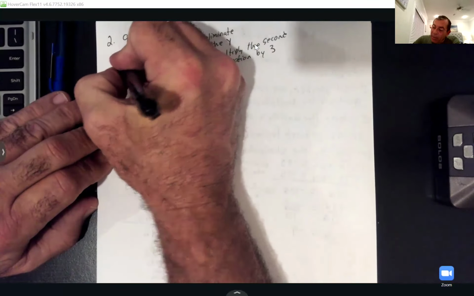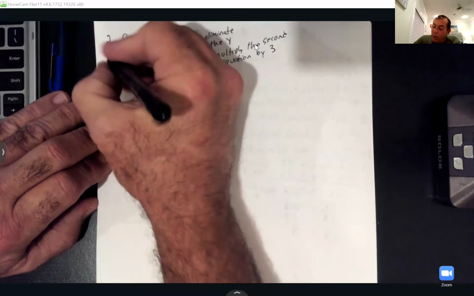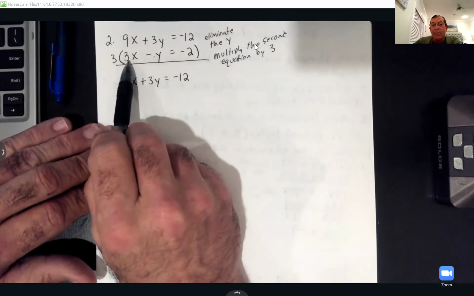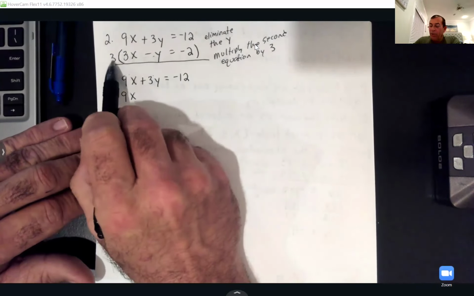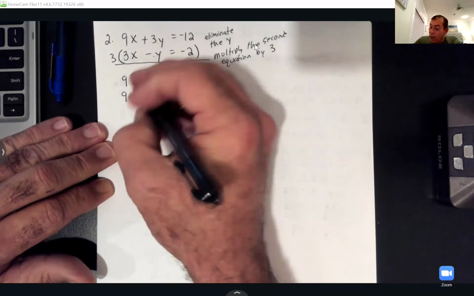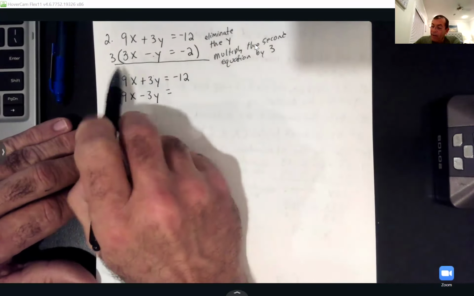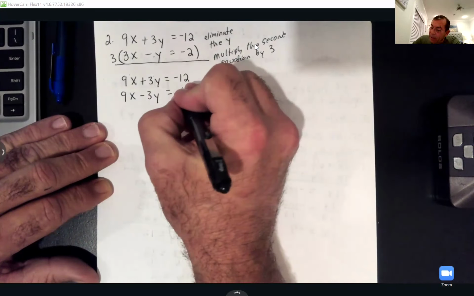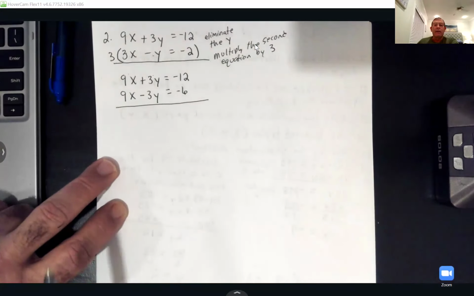Now we're going to come in and take this second equation and multiply all 3 parts by 3. So 3 times 3 gives me 9x. 3 times a -y is a -3y. And then 3 times -2 is a -6. All right, so good job.